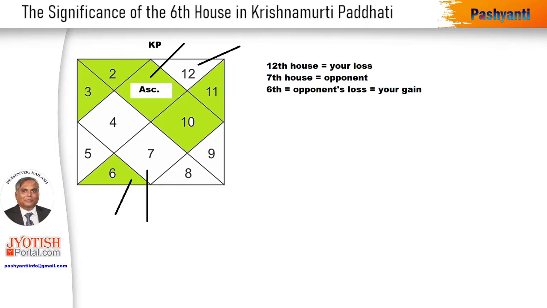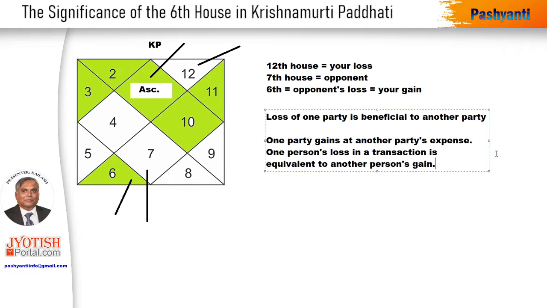We can elaborate this further: the loss of one party is beneficial to another party, which you see all the time. If somebody is losing, somebody else is making a profit out of it, or somebody is being benefited. One party gains at another party's expense. One person's loss in a transaction is equal to another person's gain.